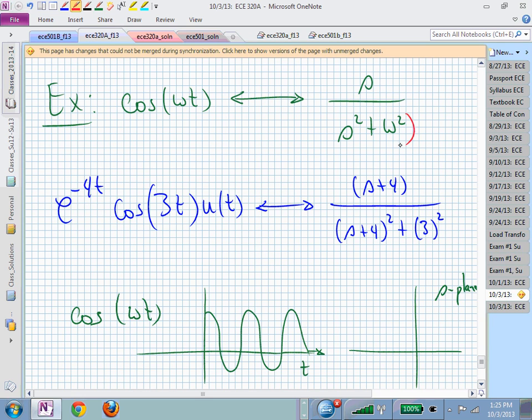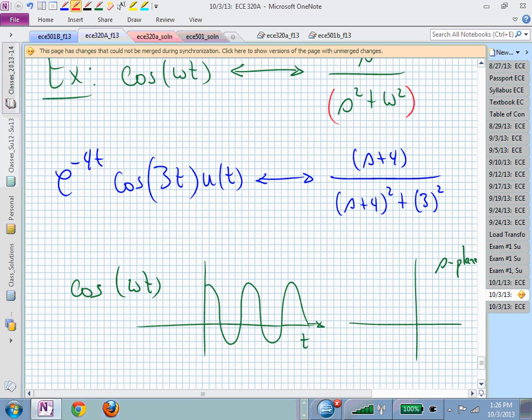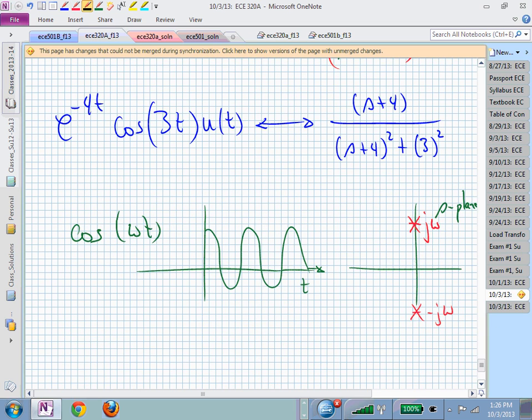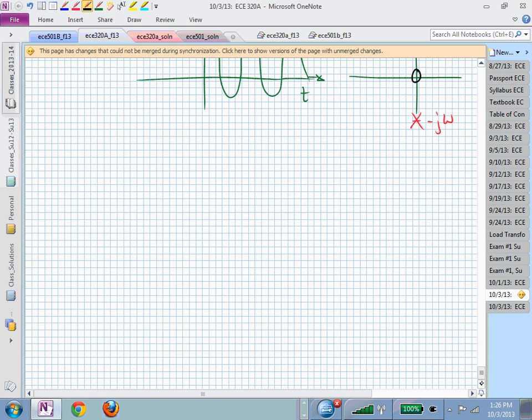Now I'm looking at the poles of this transfer function. What values of s cause that to vanish or to equal 0? They're imaginary, aren't they? J omega and minus j omega would cause that to vanish. So I have something at j omega and something at minus j omega. Those are the poles, and there's actually a 0 right there. But what about this other one?